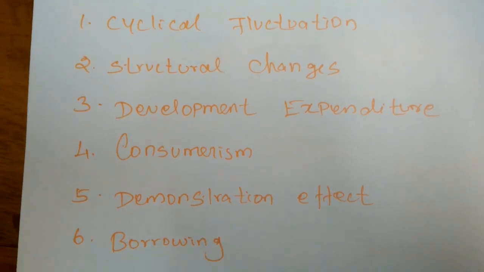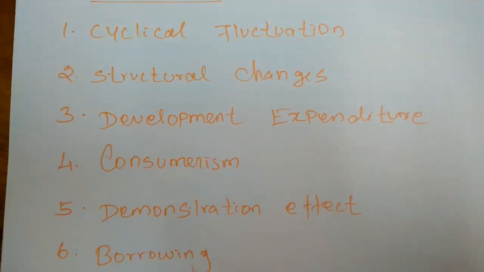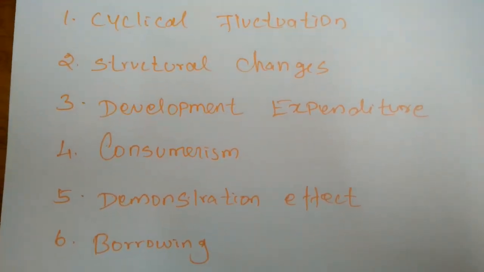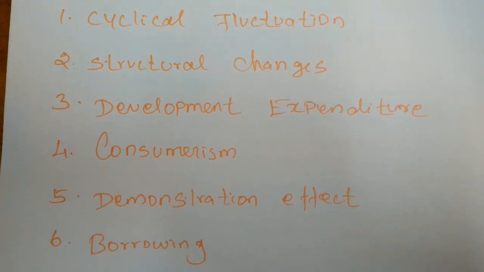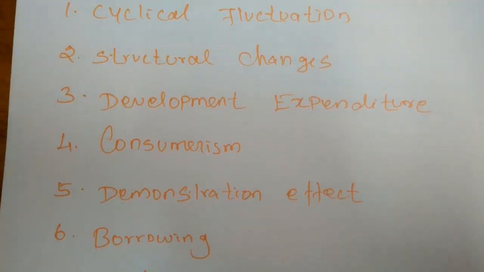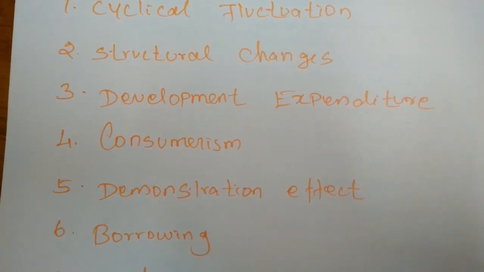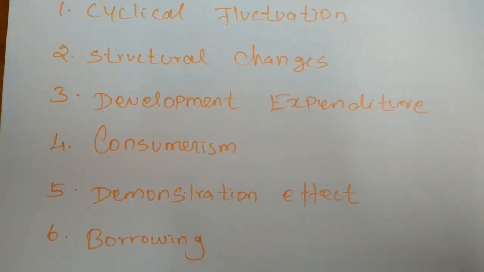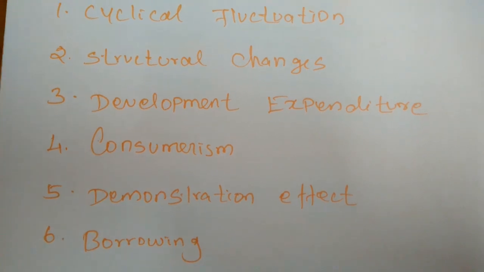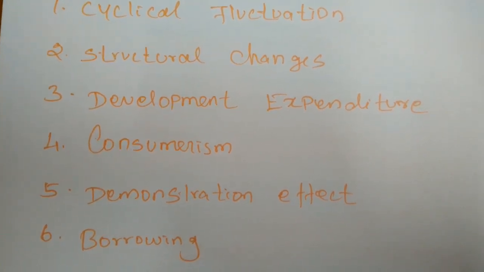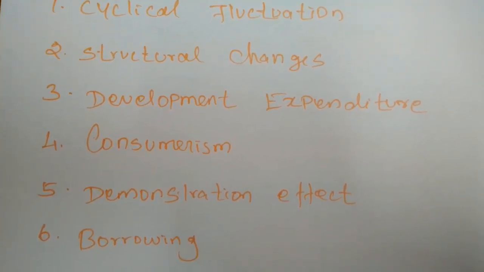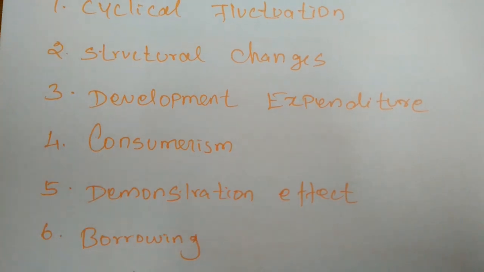Next, development expenditures. The development disequilibrium is caused by rapid economic development, which results in income and price effects. Normally the development expenditures made by the government will not get the income and price.